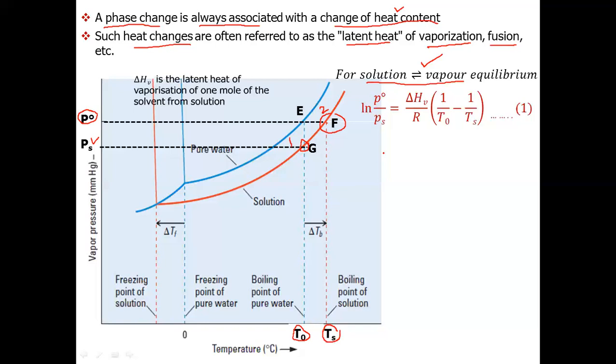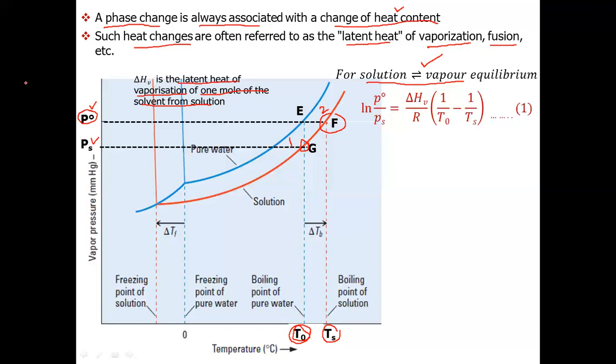Now let us apply it. What was that equation? ln P2 by P1. So P2 is P naught, P1 is Ps. So ln P naught by Ps is equal to delta Hv, the latent heat of vaporization of 1 mole of the solvent from solution, the molar latent heat, divided by R, times (1 by T1 minus 1 by T2).